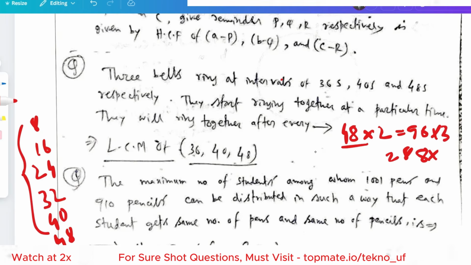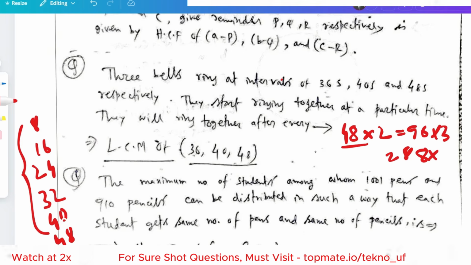So let me just multiply this with such a number so that it will be divisible by 40. If I want a multiple which should be divisible by 40, in that case I have to get a number which has a 0 at the end.